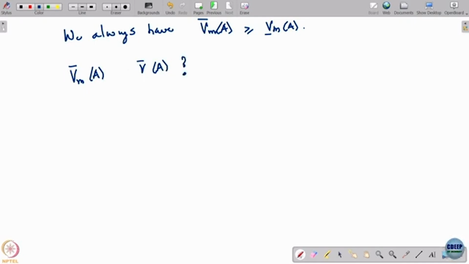How are these related? VM upper bar is smaller. Why? The claim is VM upper bar is smaller than V upper bar, and the reason is that mixed strategies are more general than pure strategies, right? A pure strategy can be thought of as a mixed strategy where a particular pure strategy is given probability 1 and all other strategies are given probability 0.